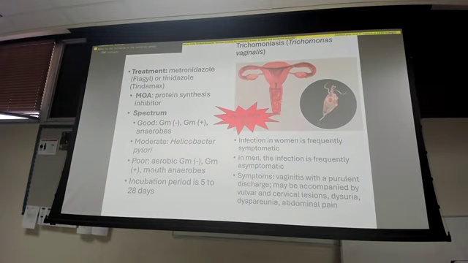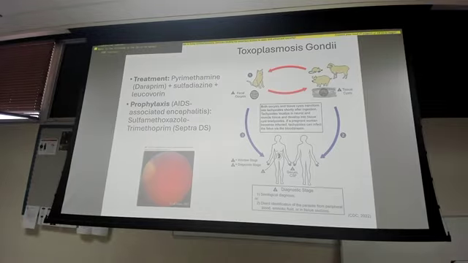It's a protein synthesis inhibitor. You're going to see women be more symptomatic than men are. Symptoms are very similar to other vaginal infections, but this is not bacterial vaginosis, so keep that on your differential. Any questions on this slide?